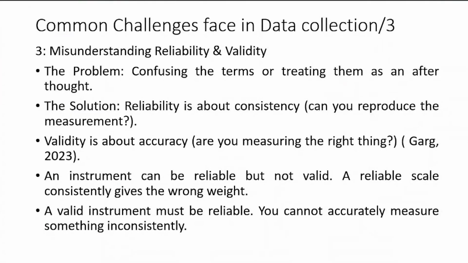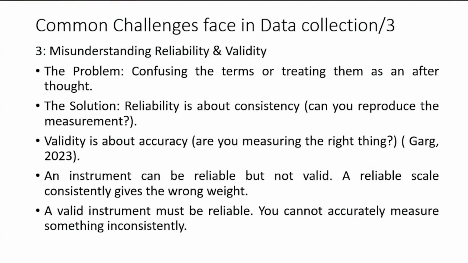When you calculate reliability, you don't know that it is reliability. You think the figure is validity, so you misunderstood. Then you become very sure that your instrument is reliable, not knowing that you just calculated the validity. So reliability is about consistency. Can you reproduce the measurement? While validity is about accuracy.